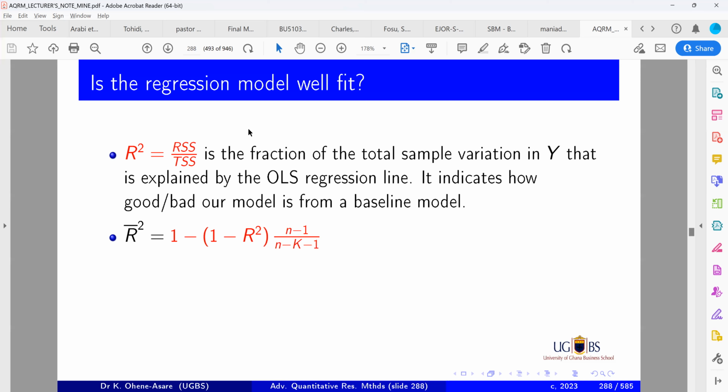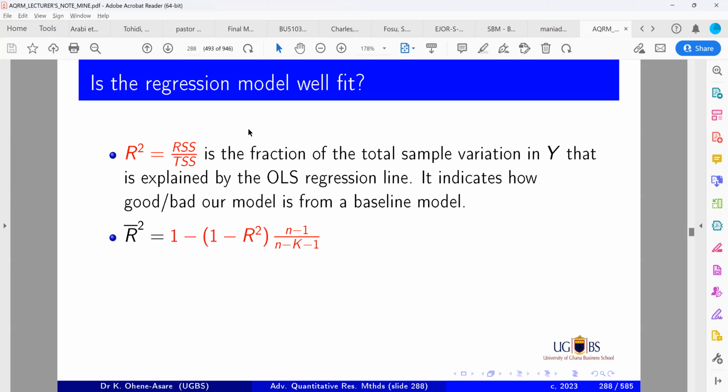Suppose that you have 8 variables and then you want to include 10 variables, and so you just collect any variable to include. And it is known to the model that that variable doesn't contribute anything significant. Once it's in the model, it will increase the R square, but adjusted R square will penalize you for including such an irrelevant variable.